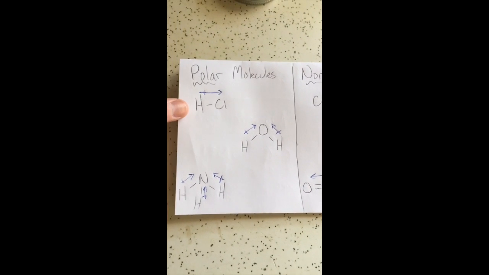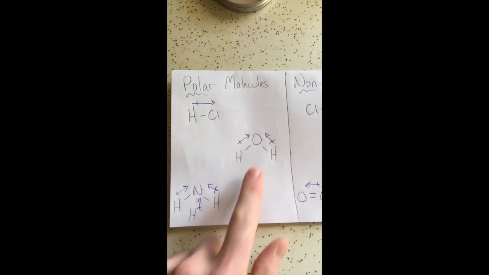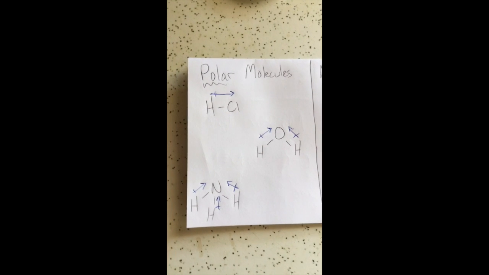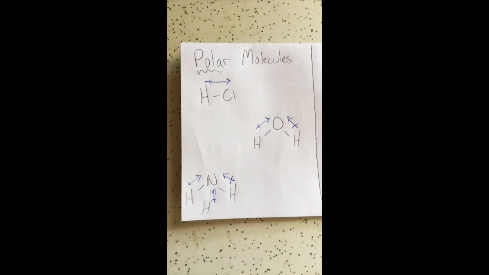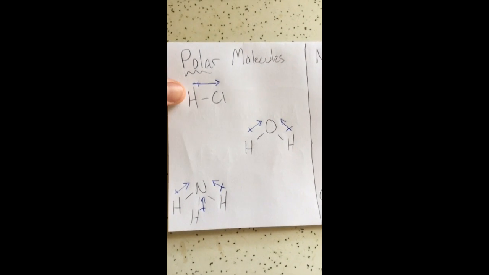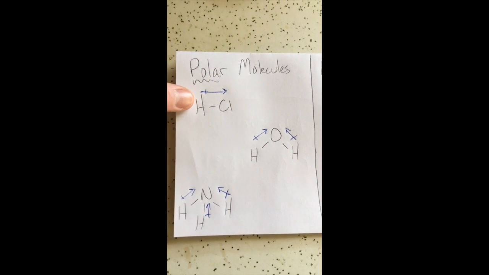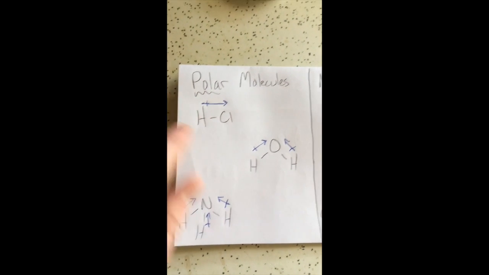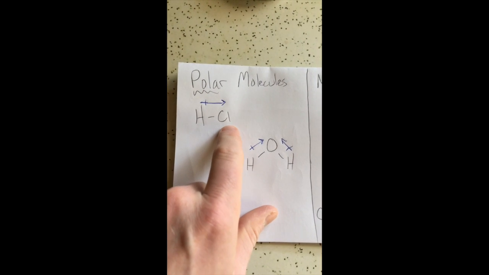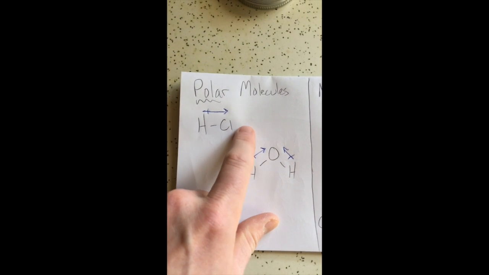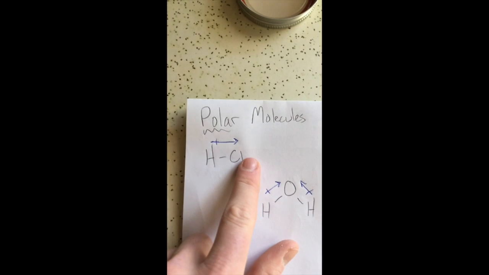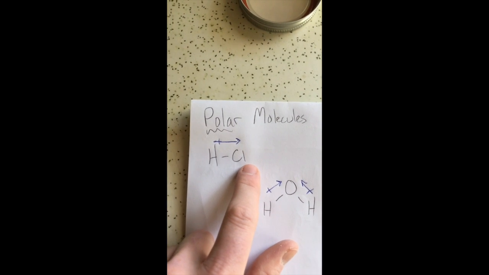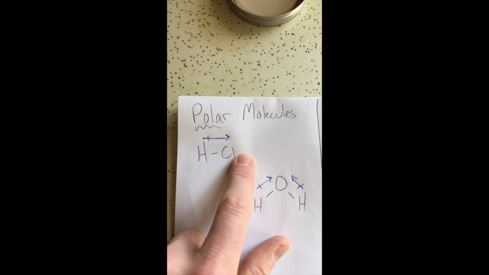Things like HCl, H2O, water, and ammonia, NH3, are all polar. That means they're uneven in their charge distribution. Here you can see chlorine is more electronegative than hydrogen, so it pulls electrons towards itself. This results in a partial negative here and a partial positive here. So this molecule has poles, like a north and south pole, one partial negative, one partial positive.